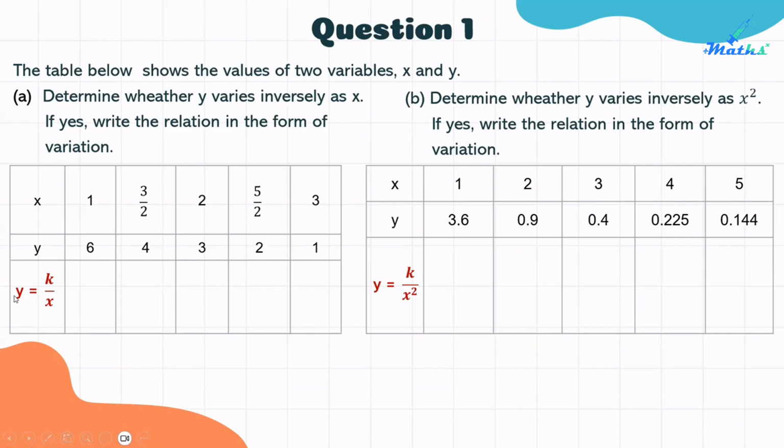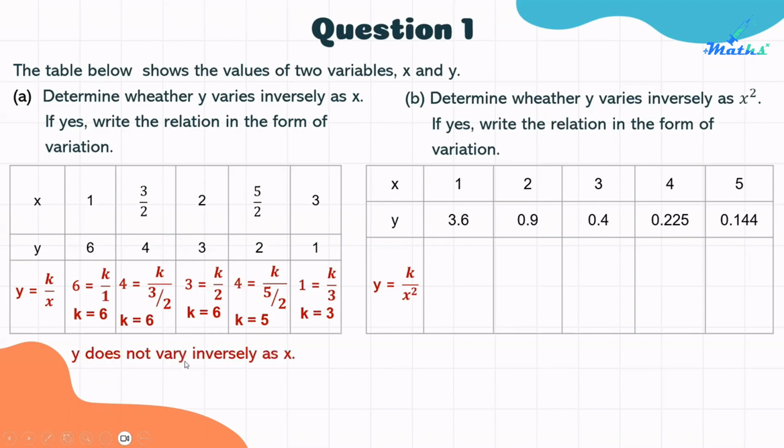So we use this formula. Okay, y varies inversely as x means that y equal to k over x. So here is the answer. For the k is not a constant. So y does not vary inversely as x.